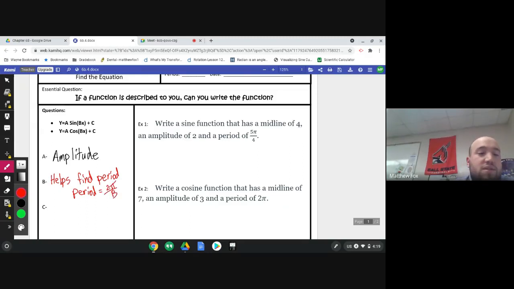Now the final one, c. This c value is our vertical shift. If it's plus c, that means it goes up. If it's minus c, that means it goes down. So the vertical shift will also match up with where your midline is.